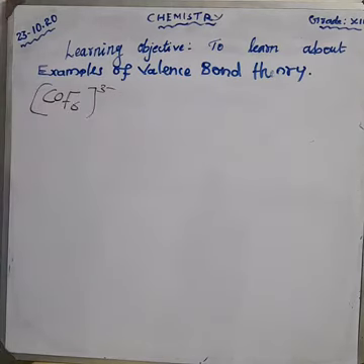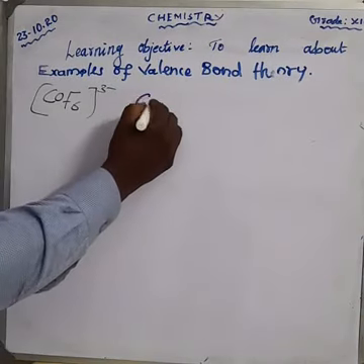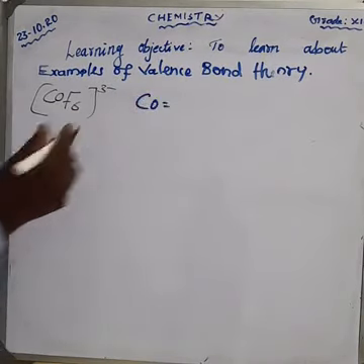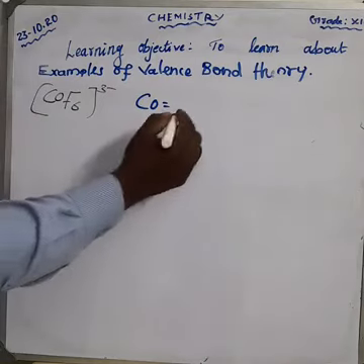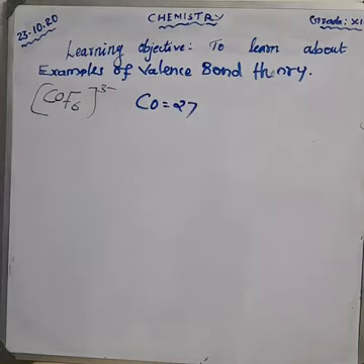This is another complex. Here, the central metal atom and its electronic configuration. Which one is the central metal atom? Cobalt. What is the atomic number of cobalt? 27.